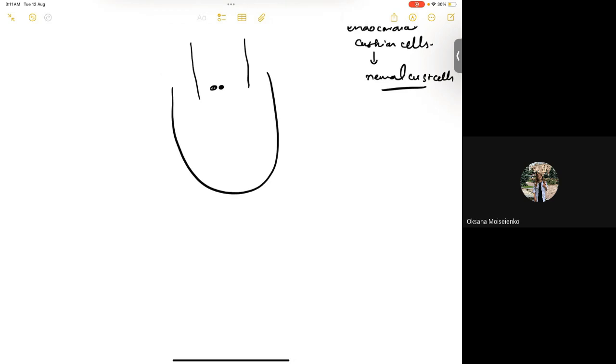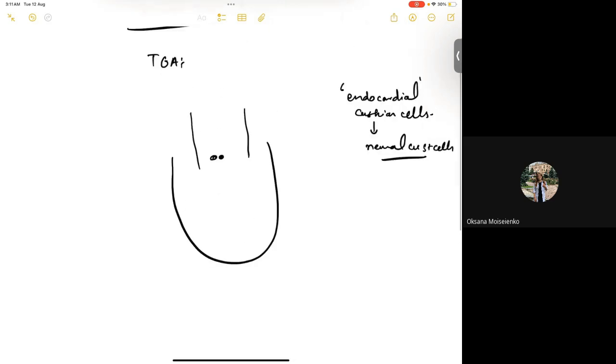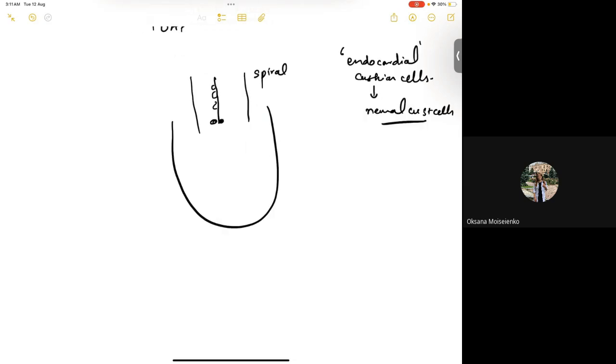So if you guys remember, we discussed that endocardial cushion cells are first going to make the septum called the aorticopulmonary septum, which is then going to divide it into individual aorta and pulmonary artery, right? Then this septum is going to spiral. As the septum spirals, it is going to make your proper aorta and pulmonary artery.